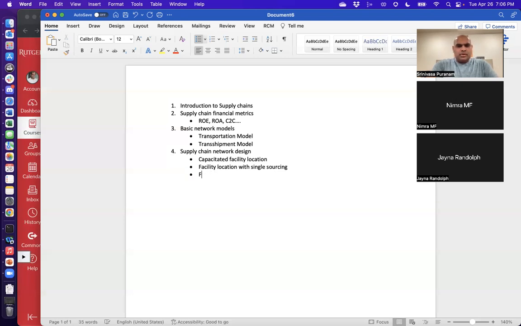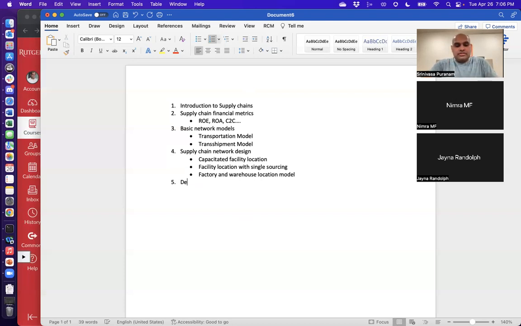I should say factory and warehouse location model. So complex capacitated facility location, however you want to call it. That was what we did in chapter number, I think this is chapter 4 or 5. I don't remember exactly. I think chapter 5.